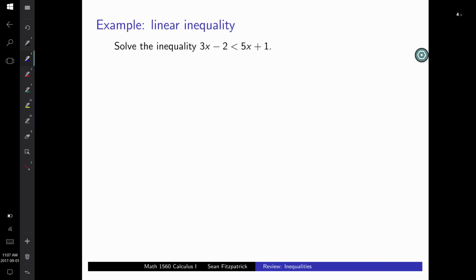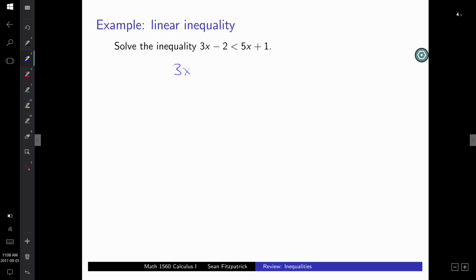Simplest case, linear inequalities. Here, not too much can go wrong. You're basically using those rules that I posted on the first slide, these algebraic rules for working with inequalities. So what can you do? Well, our habit is maybe to collect x's on the left, numbers on the right. So let's say we do that. I could subtract 5x from both sides.